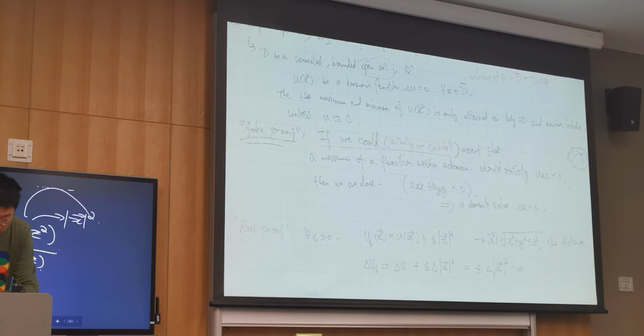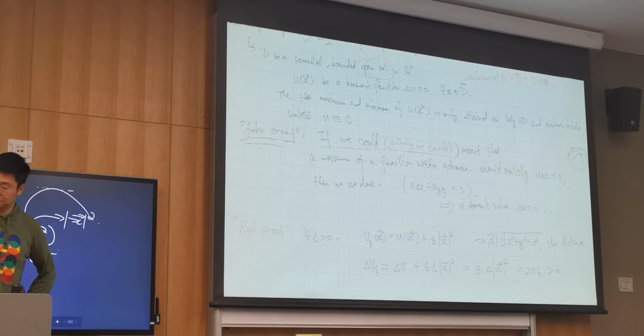So this is actually 2n epsilon, and this is strictly larger than 0. So that's good?